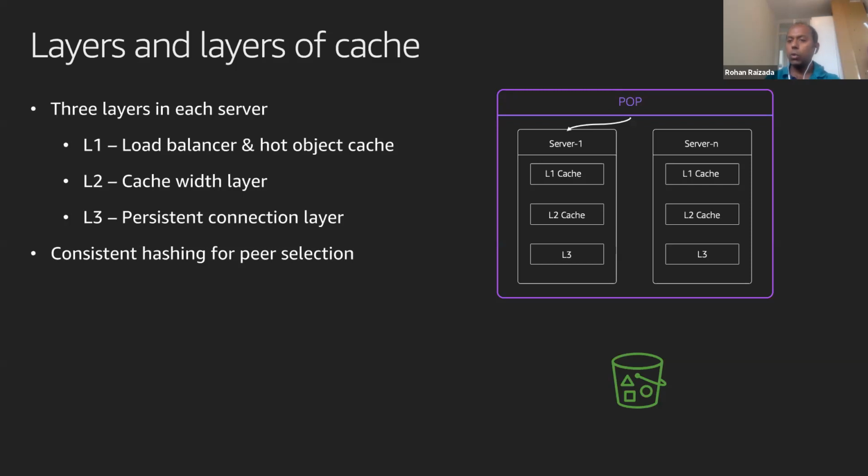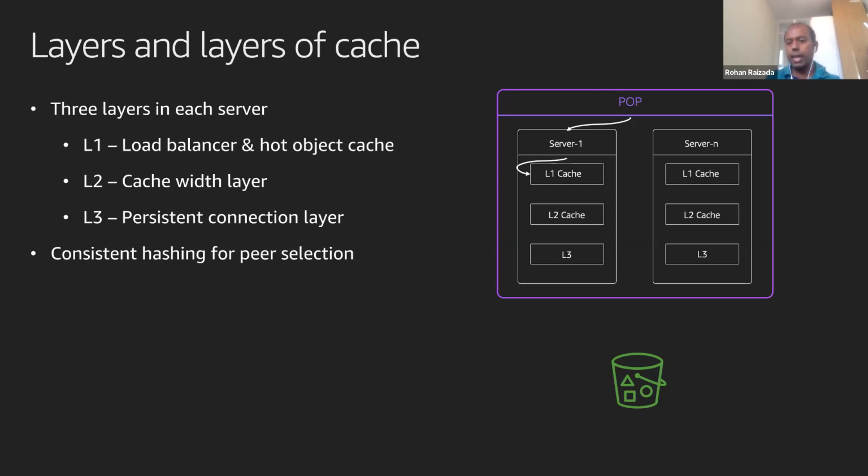However, these edge locations can have n number of servers, right? And you don't want to send requests to any random L2 server, because if you do that, you are unnecessarily replicating the content, and your chance of getting a cache hit goes down drastically. So what we do here at CloudFront is we have implemented a consistent hashing algorithm, and it uses the URL as the key.